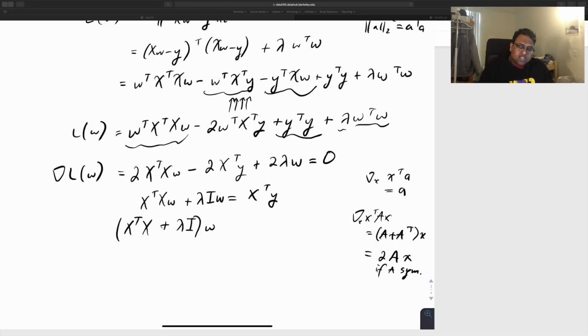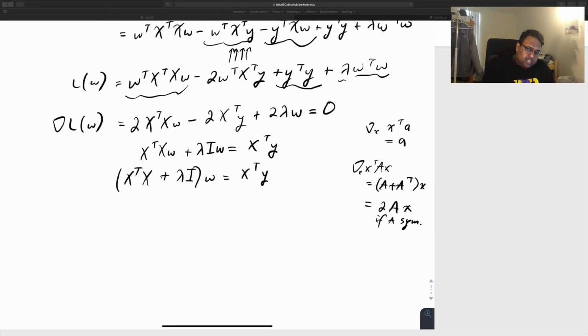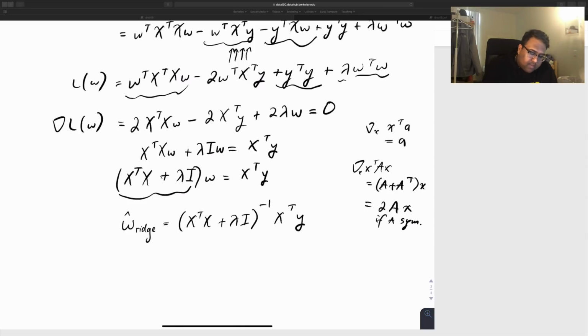So I can write this as (X transpose X plus lambda I) times W is equal to X transpose Y. Now I multiply both sides by the inverse of this expression, which is exactly what we did in standard OLS, and we get that W hat for Ridge is equal to (X transpose X plus lambda I) inverse X transpose Y.